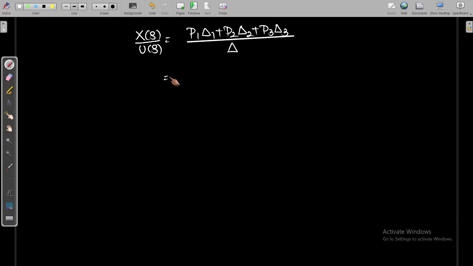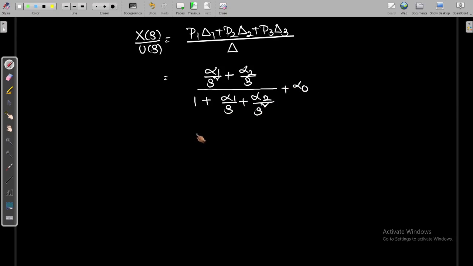Now we will write our answer: alpha 1 by s square plus alpha 2 by s whole divided by delta, which you are going to get as 1 plus alpha 1 by s plus alpha 2 by s square, plus alpha naught. So we can take the LCM.